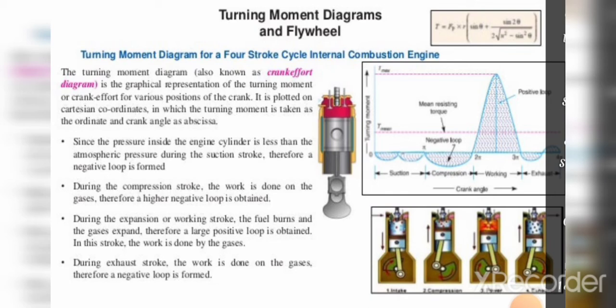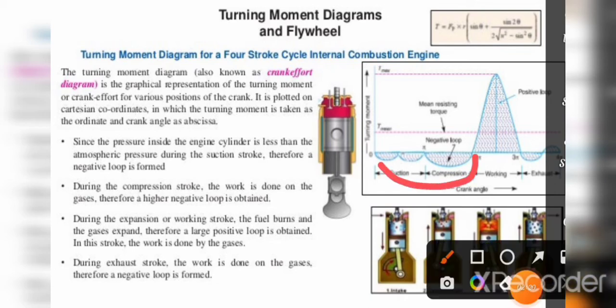Since the pressure inside the engine cylinder is less than atmospheric pressure during the suction stroke, a negative loop is formed. In the diagram we can see the negative loop here. Why is this negative loop formed? Because the pressure inside the engine cylinder is less than the pressure outside, that is atmospheric pressure.